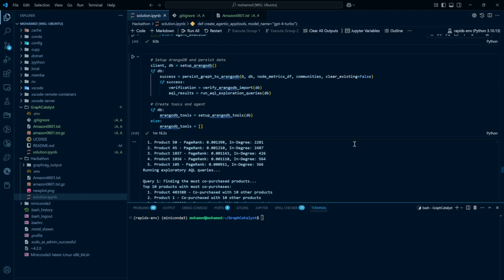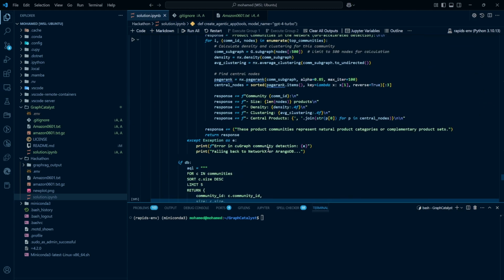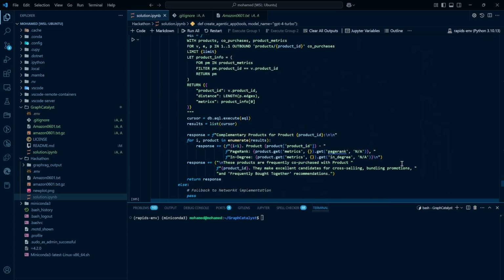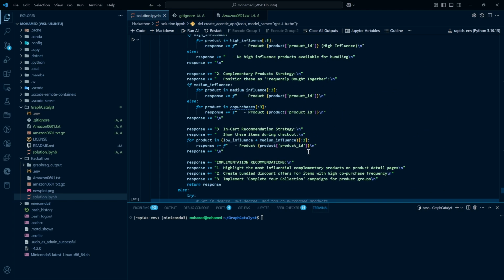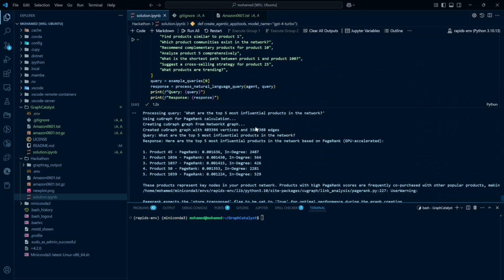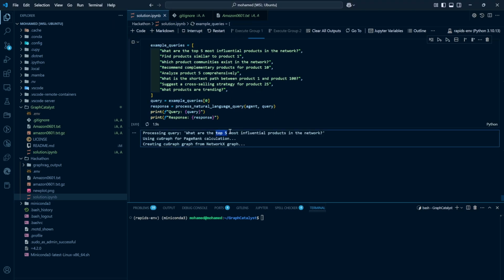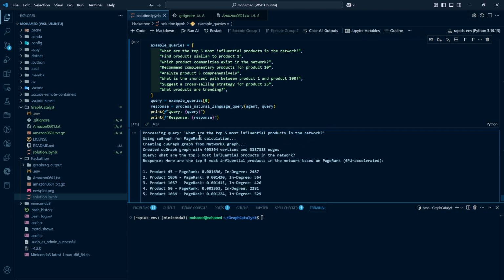So to go quickly and show you some live demo, I have some queries here that we could run. You can explore more of the code in the notebook, but for instance, query 0, which is "what are the top 5 most influential products in the network."